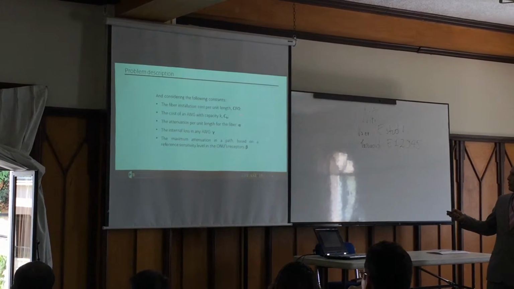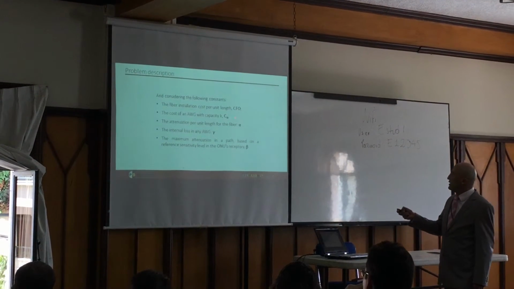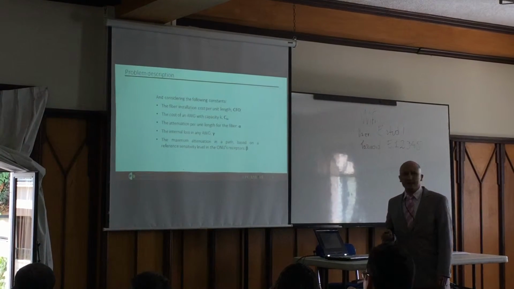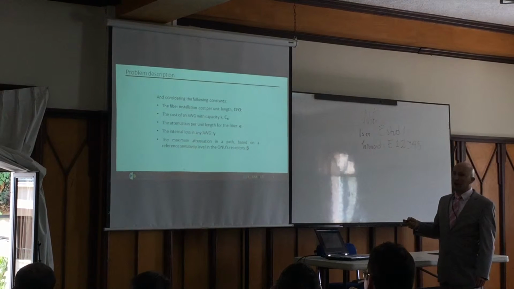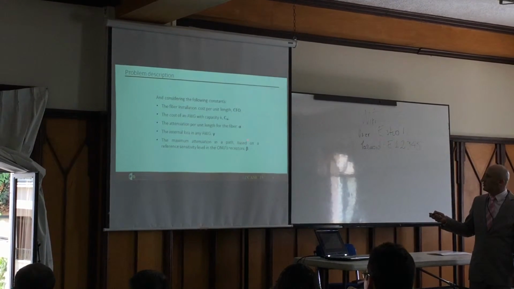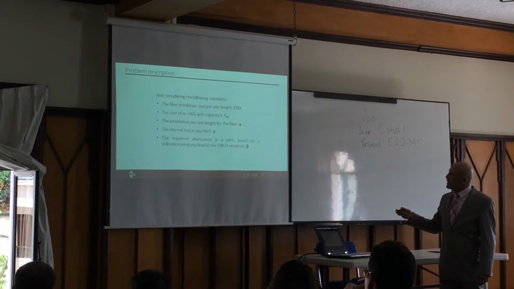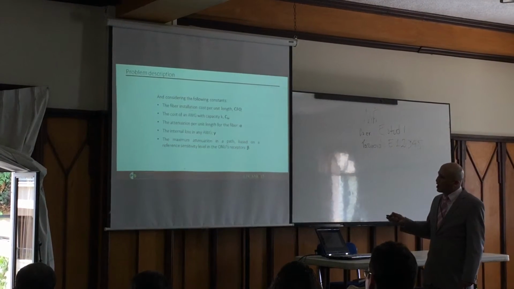Also, we take into account some parameters like the optical fiber cost, the capacity of the switching equipment, the optical fiber attenuation, the loss in the switching equipment, and the power budget in the system.